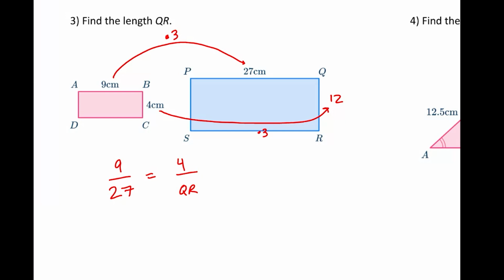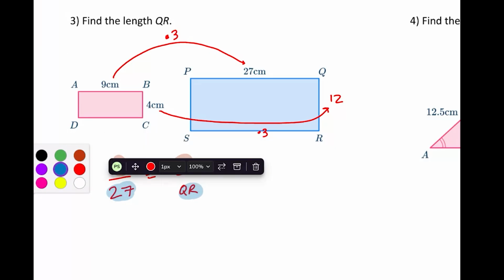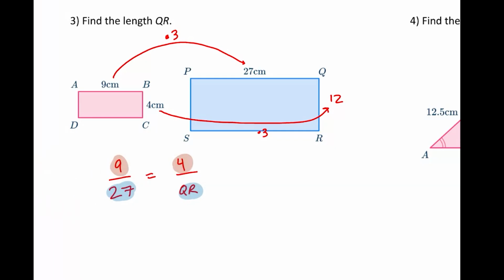So notice here I've got the red triangle here and here, and the blue triangle here and here. The numerators have to correspond to each other, and so do the denominators. And then within the individual fractions, you're comparing one side on one shape to the corresponding side on the other shape.